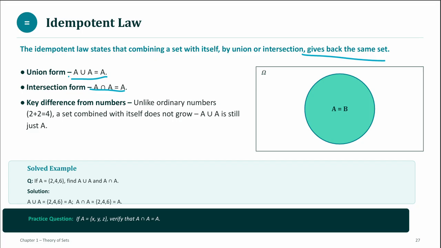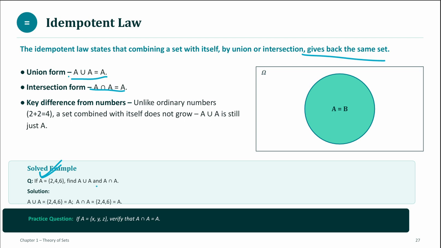So A union A is equal to A intersection A, which is equal to A. Here, if A is equal to {2, 4, 6}, find A union A, we are going to get this only, right?